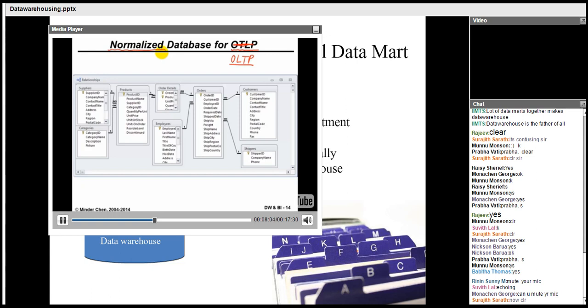When you normalize a database, usually you have much smaller tables. For instance, instead of grouping order into a single table, we have order and order detail. Instead of combining category data into product, we have a category table which is separate from the product. This allows us to process transactions very efficiently.